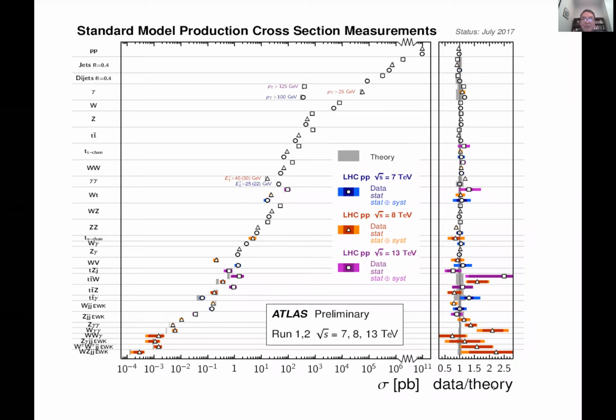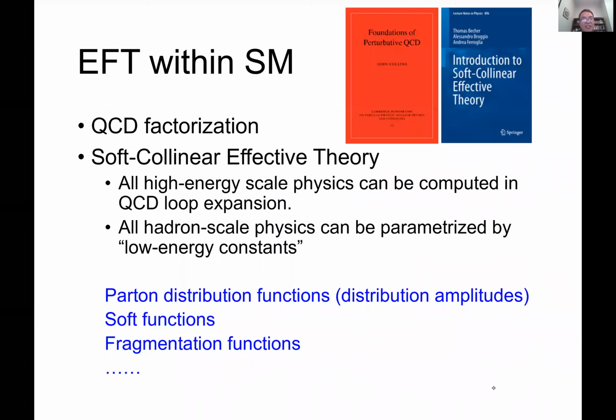Now, part of this success derives from the calculations using effective field theory technology within the standard model. A technique that has been used widely in those calculations is called QCD factorization. There's a 600-page textbook by John Collins that talks about those factorizations. I didn't list references here. I mean, there are a lot of references.